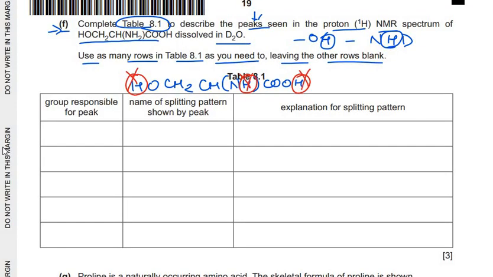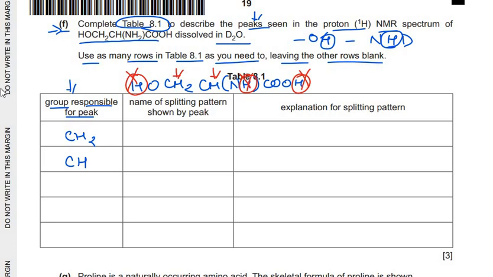So what are we left with? We are left with the CH2 peak and the CH peak only, which are going to show in the proton NMR. So in the first column, group responsible for the peak, we will write CH2 and CH, which will show the peak, and then name the splitting pattern shown by the peak.